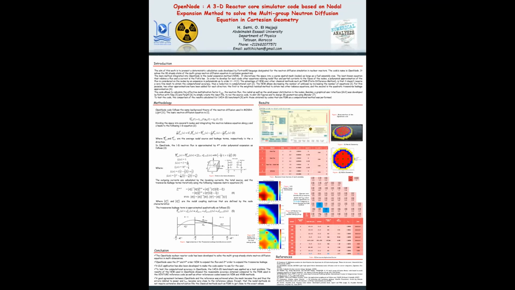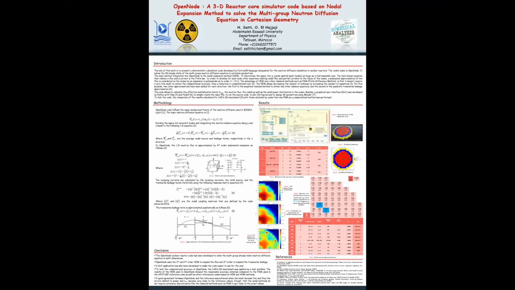The code allows to calculate the effective multiplication factor, the neutron flux, the radial as well as the axial power distribution in the nodes. Besides, a graphical user interface was developed in Python to simply create the input file to run the source code, to plot 2D figures, and to design 3D geometries using Blender.